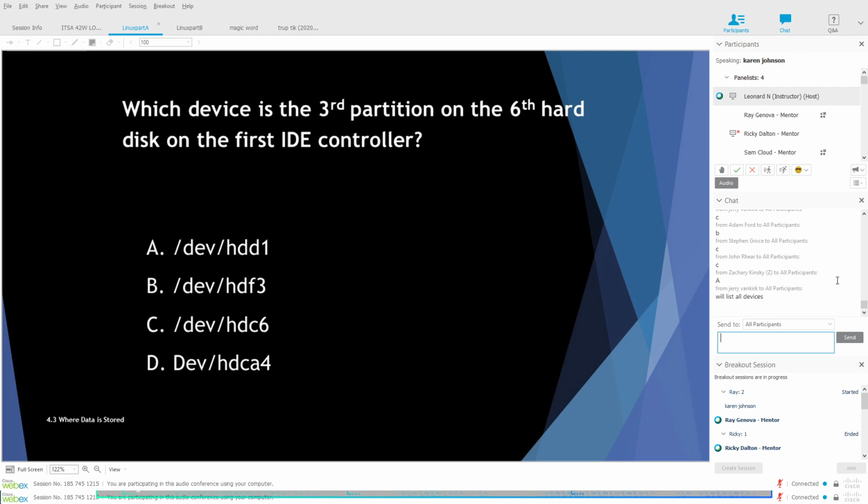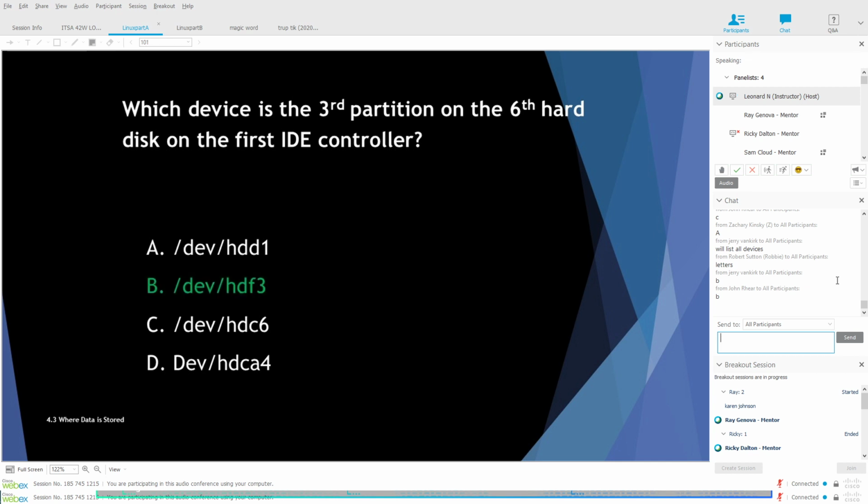It's asking for the information in the opposite order. It's asking you for the partition first and then the disk. What are all disks in Linux characterized as or listed as? Are they letters or numbers? They're all letters. Partitions are all numbers. So to get to the sixth hard disk, that would be A, B, C, D, E, F. So it'd be disk F, partition number 3. Partitions are always numbers, disks are always letters.